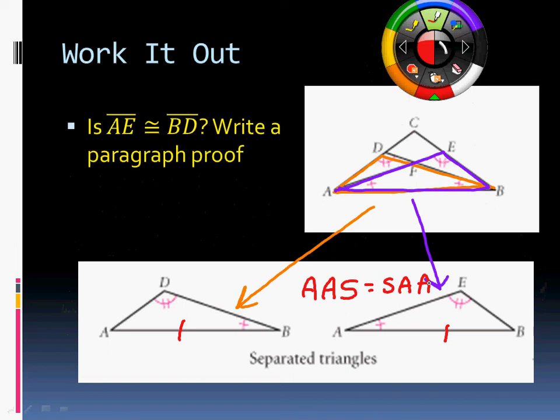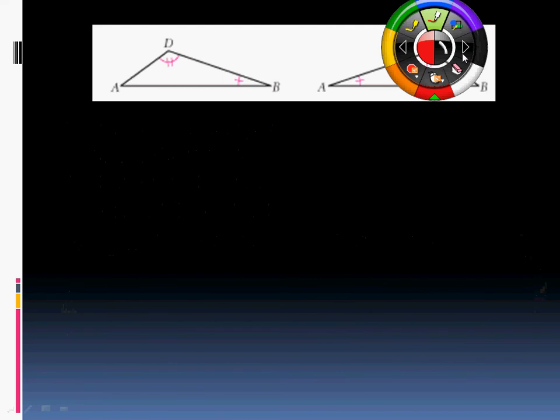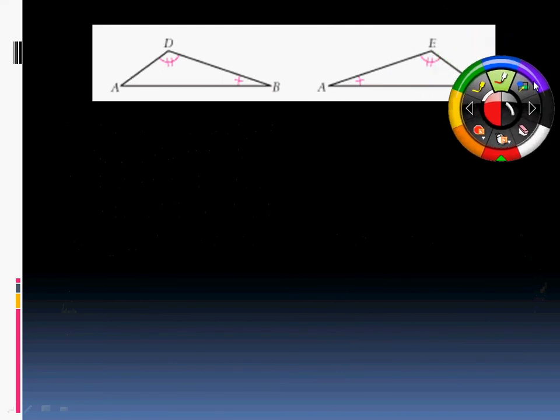So let's take a shot at writing our proof then for this particular statement. So I'm trying to prove that line segment BD is congruent to AE. So the first thing I'm going to do is talk about the things that I know from this proof.